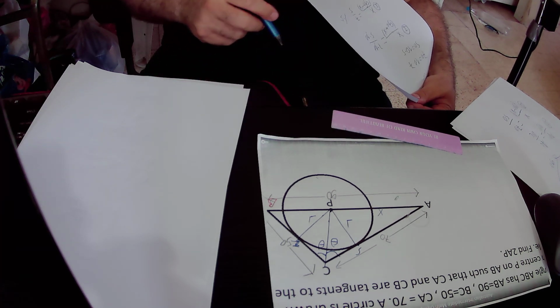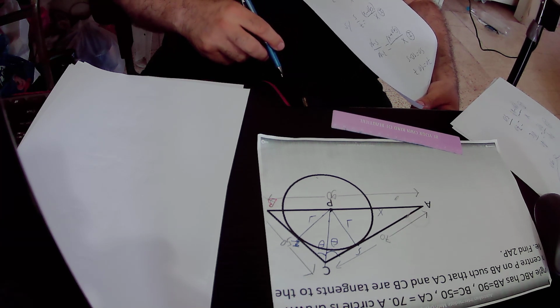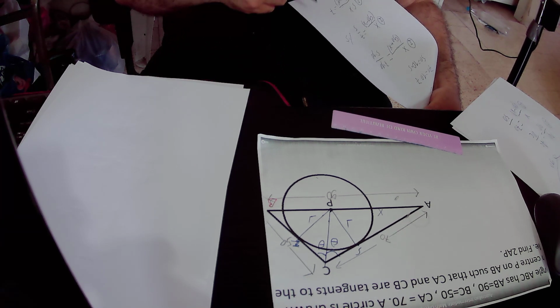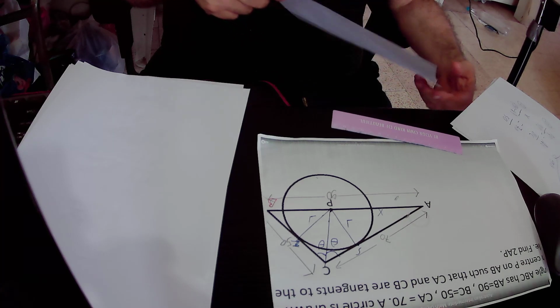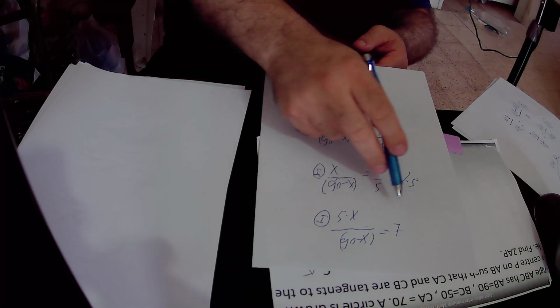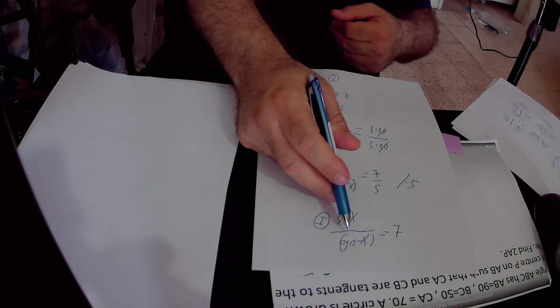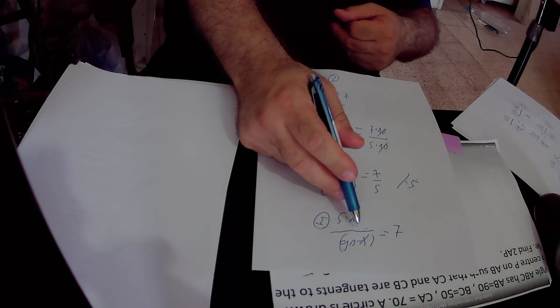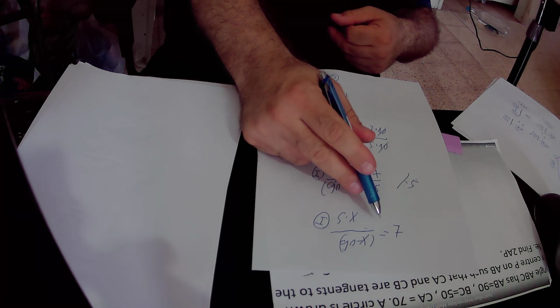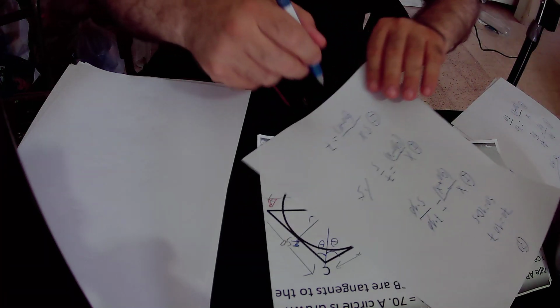For that reason, we can multiply both sides of the equation by 90 minus x.